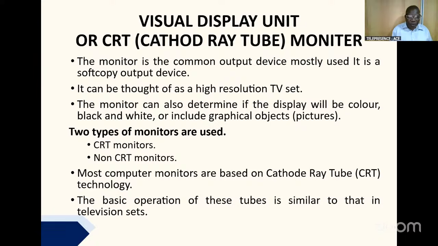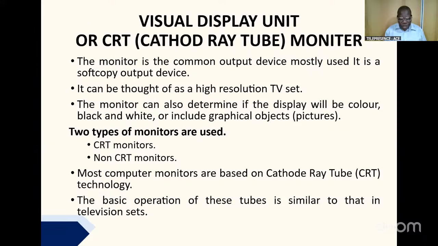Two types of monitors are used. We have CRT monitors and non-CRT monitors. These are the two types. The CRT monitors are the olden days monitors, and the non-CRT monitors are the new monitors available.